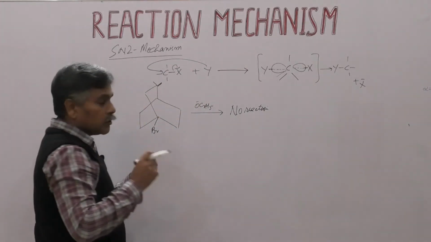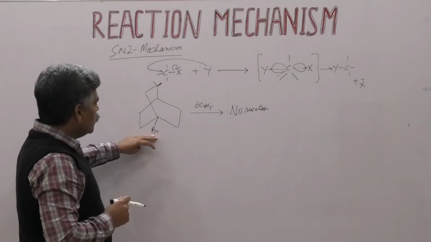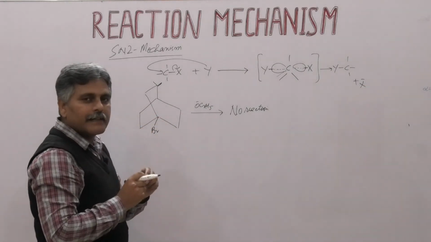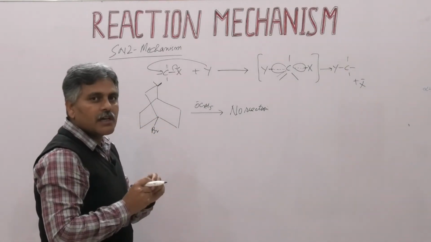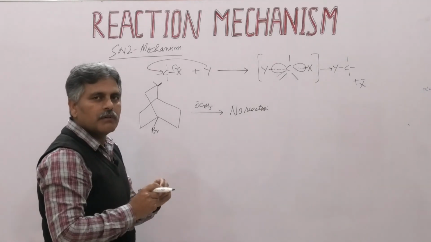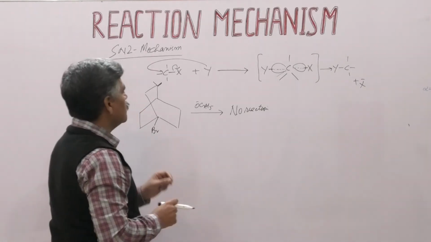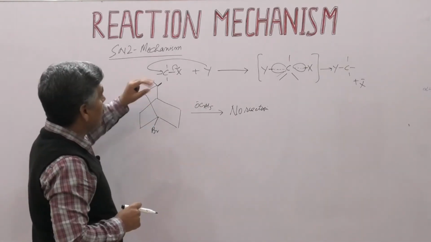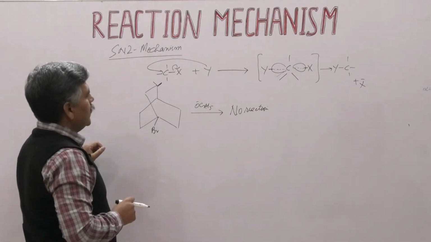So it means those substrates where the leaving group is present at a bridgehead carbon and where backside attack is not possible never give Sn2 reaction, which is another evidence for the correctness of this Sn2 mechanism.